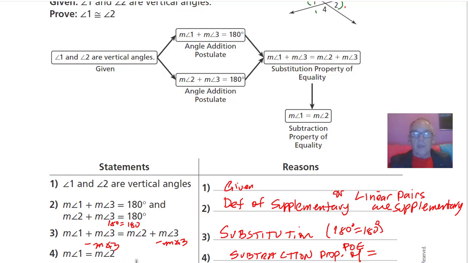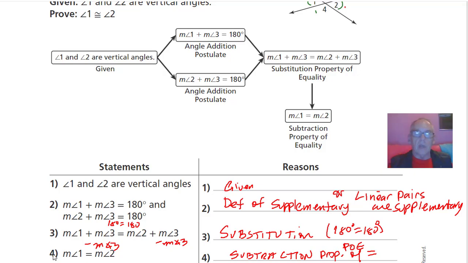And since the measure of angle 1 is equal to the measure of angle 2, by definition of congruence, we can say that angle 1 is congruent to angle 2. That's definition of congruence. And we're done with that proof.